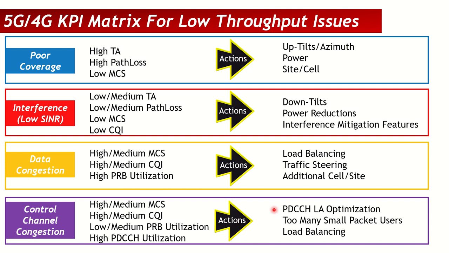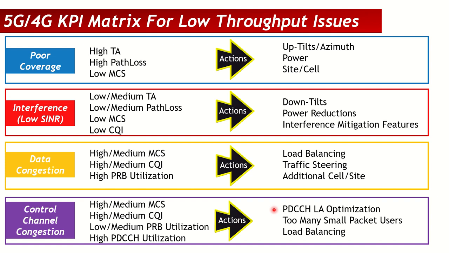Now the more CCEs the PDCCH uses, that means it eats up more resources and you can have a higher PDCCH congestion. Now in LTE we have 1, 2, 4 and 8 CCEs. In 5G we also have 1, 2, 4 and 8, plus we have 16 CCEs as well.